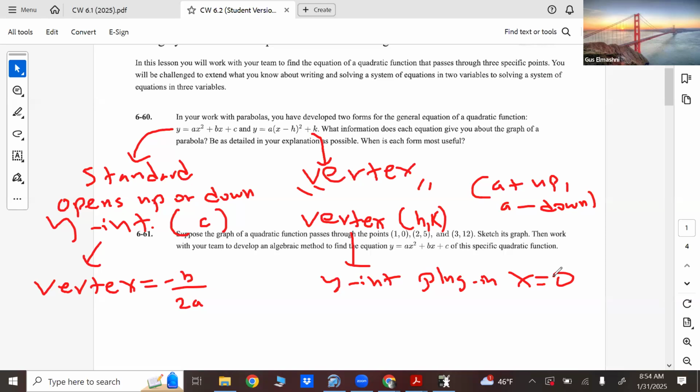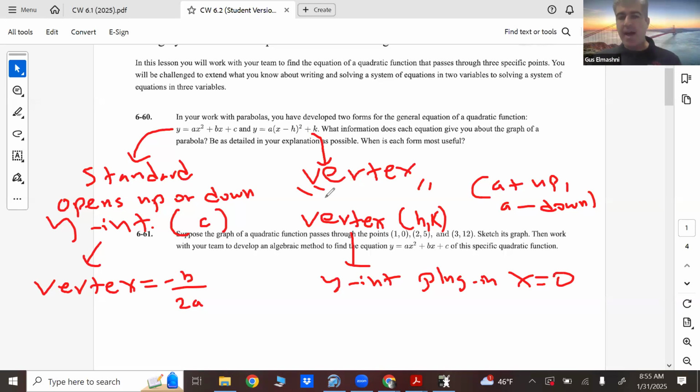Or which of the following gives me an equation where the vertex is a constant? So it's asking you to pick an equation that looks like this if you want the y-intercept as a constant, and something that looks like this if you want the vertex as a constant. So you do want to be comfortable with these forms and what each form provides, because that does appear on SAT exams. I'll show you some SAT questions next week, so you understand what I'm talking about. But you do need to know what each form provides.